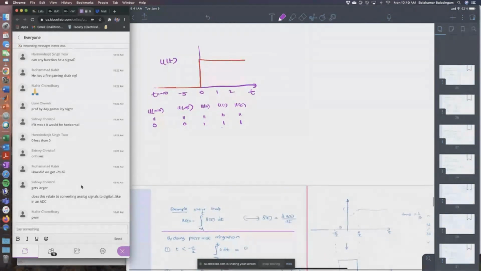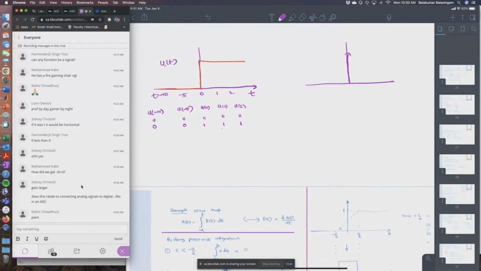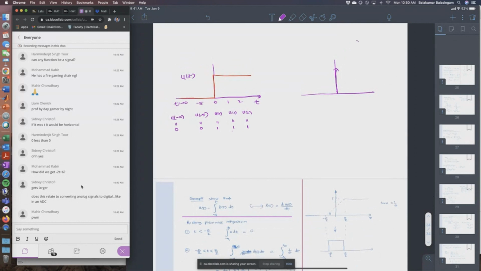Now, if you think about delta t, the definition of delta t is 0 when t is not equal to 0, and the integral from minus infinity to infinity of delta t dt is equal to 1.